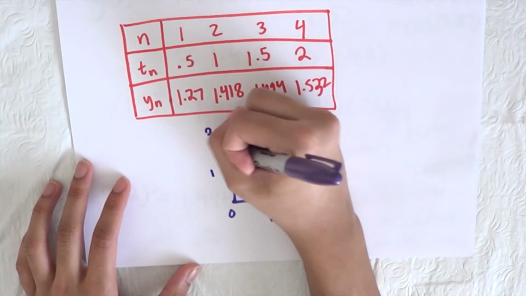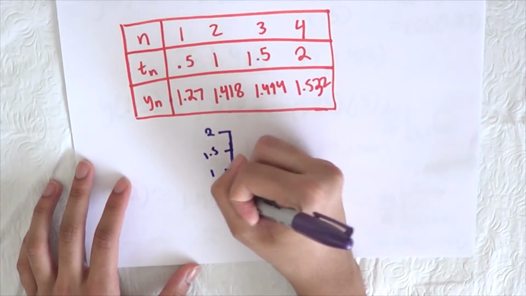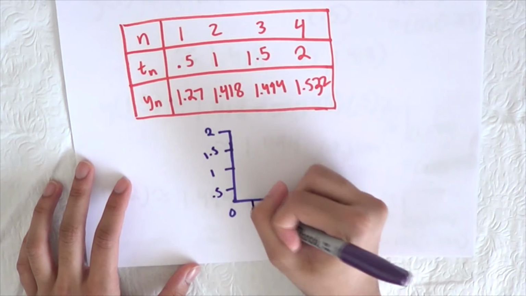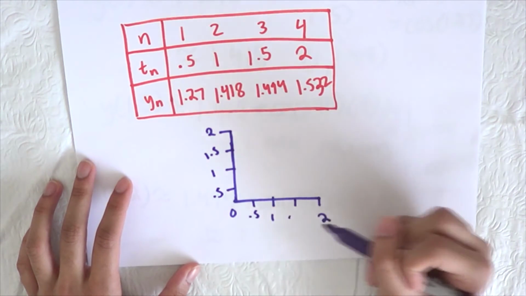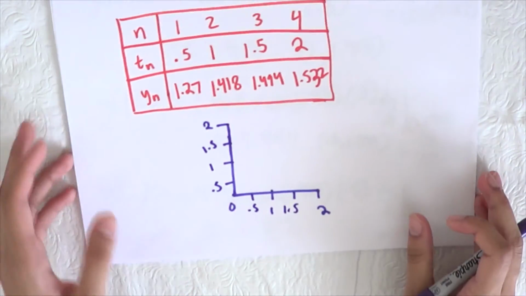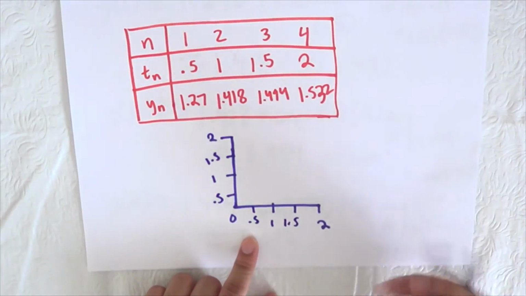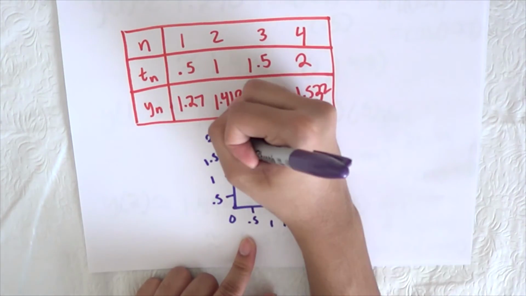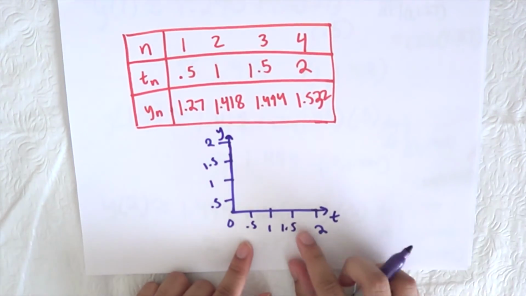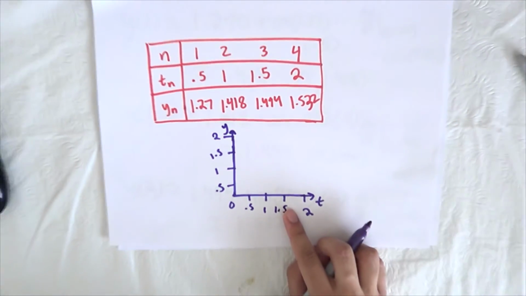And this could be 1.5, so we can have an easier way of plotting these points. So our first one, this is our t's. Actually, I should label that t and y. Okay, let's zoom into that so we can see it.